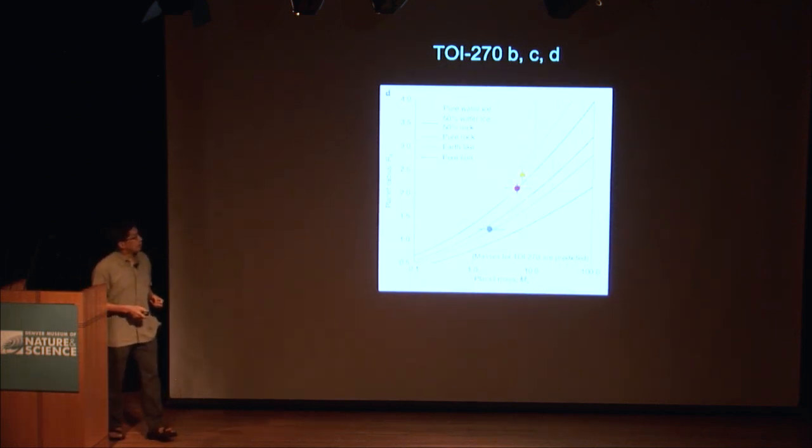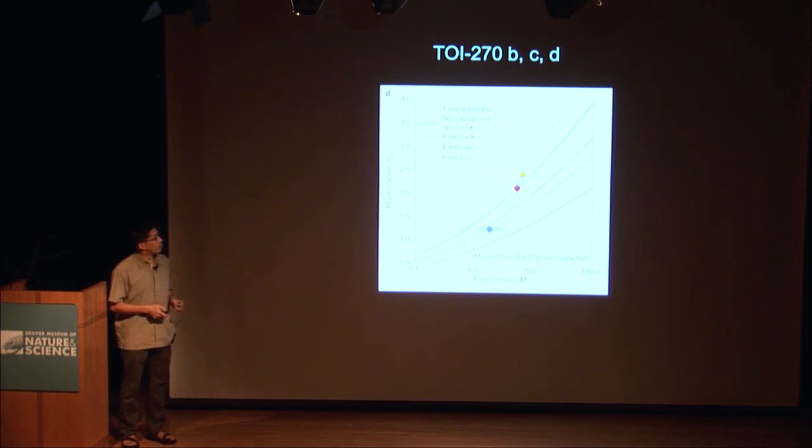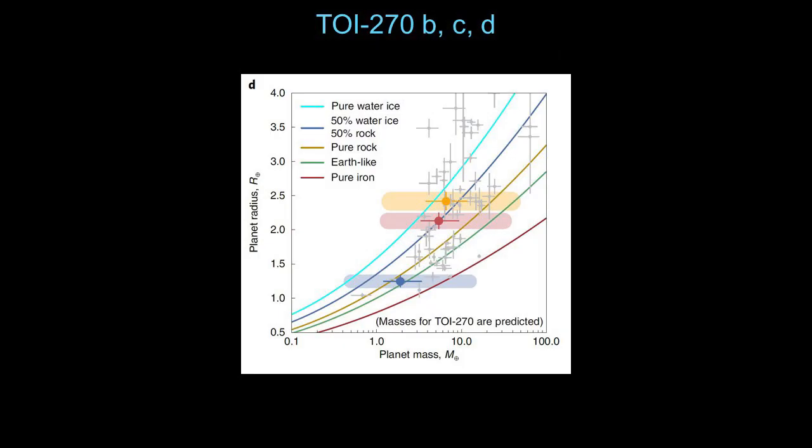This just shows a plot of where astronomers modeled the masses of the planets, and they basically show you that depending on different types of compositions of planets, these planets could conceivably be Earth-like, or they could conceivably have different amounts of rock versus water.